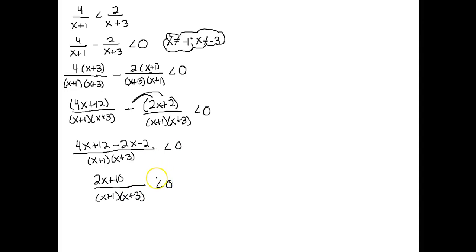All right. So now, where 2x plus 10 equals 0 would give us our x-intercepts, so that would be at x equals negative 5.